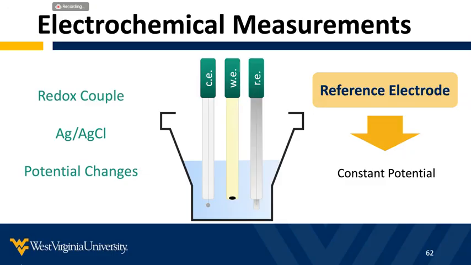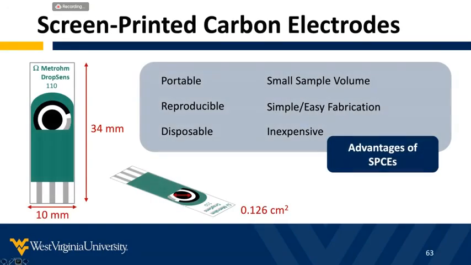So therefore, in order to make this technique portable and attractive for future users, we use screen-printed carbon electrodes, or SPCEs. SPCEs incorporate the three electrodes discussed previously into a single unit that is smaller and easier to manipulate.